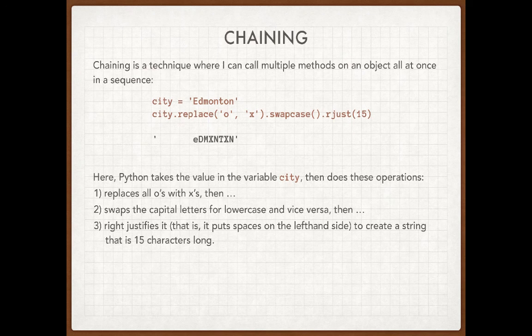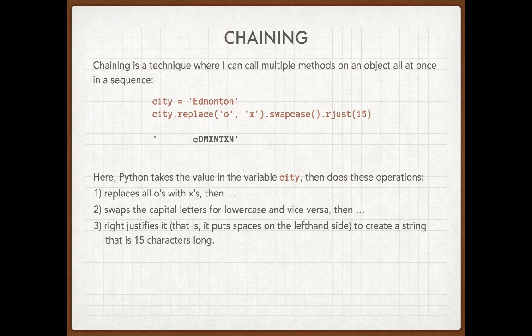Everything that was lowercase becomes uppercase. And then, after that, I'm doing this funky thing called a right justification. So I'm saying I want a window of 15 characters, but I'd like you to put this string on the right-hand side and just fill in with blank spaces on the left-hand side, as many as you need to make up a length of 15 characters. And you can see the result here.